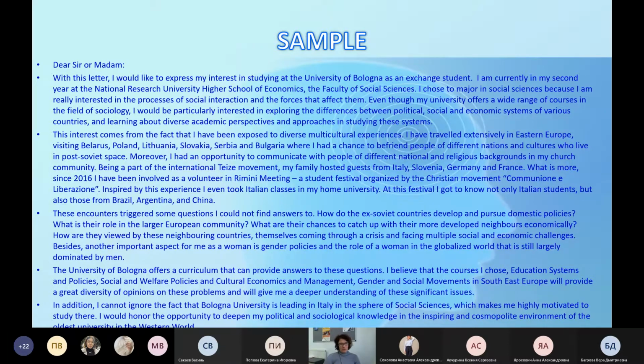And you also see the compliments to the university. Obviously, it's easy to make compliments to the University of Bologna, but it shows why the person is interested in particular programs, courses, and why the choice of Bologna University is not random, not accidental, right?